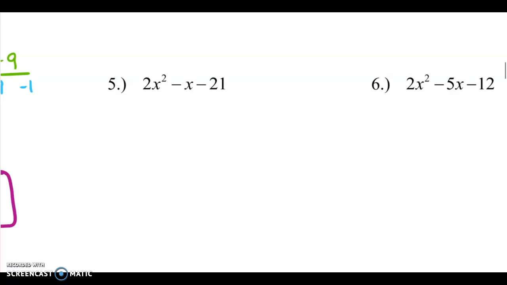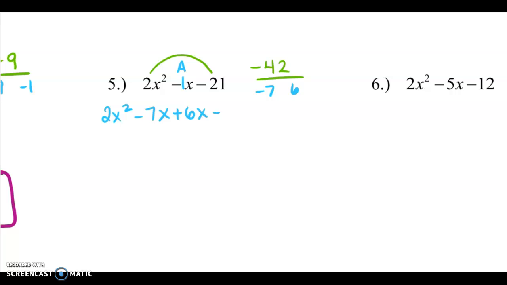All right, looking at the next one, so 2 times negative 21 is a negative 42. So I need two numbers that multiply to negative 42 and add to negative 1. Well, that's negative 7 and 6. So we've got 2x squared minus 7x plus 6x minus 21.